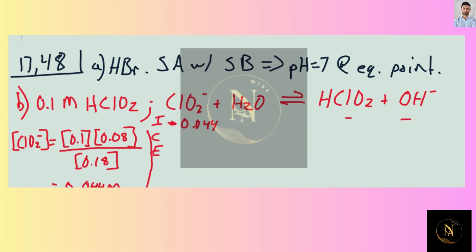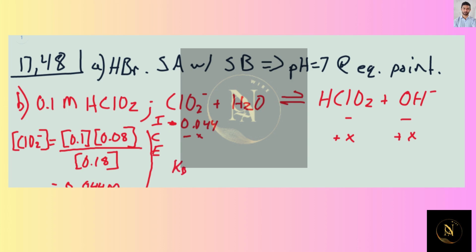We have none of this. This is X. So we can go ahead and write the Kb for ClO2 minus, which we can get from the Ka.